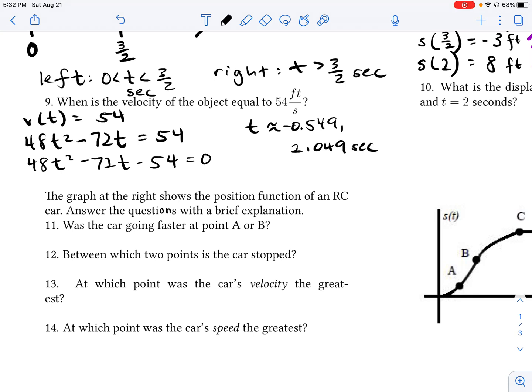Now, think about these values in the context of the problem. Does it make sense for us to be using a negative time value? The answer is no. So the only valid t value would be 2.049 seconds. That's the approximate time that the velocity is equal to 54 feet per second.